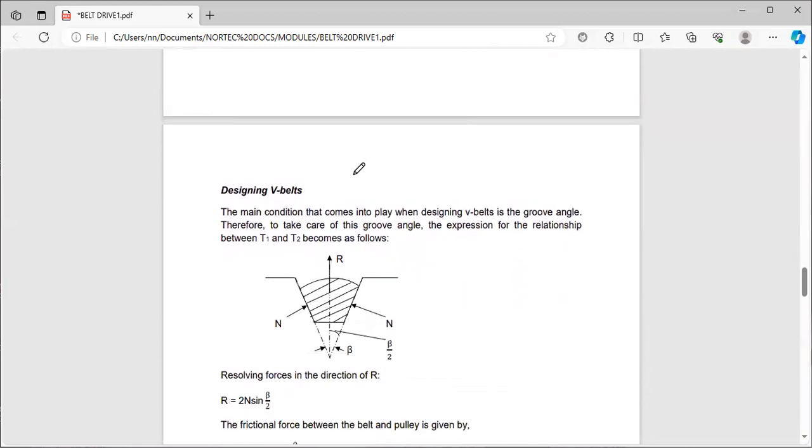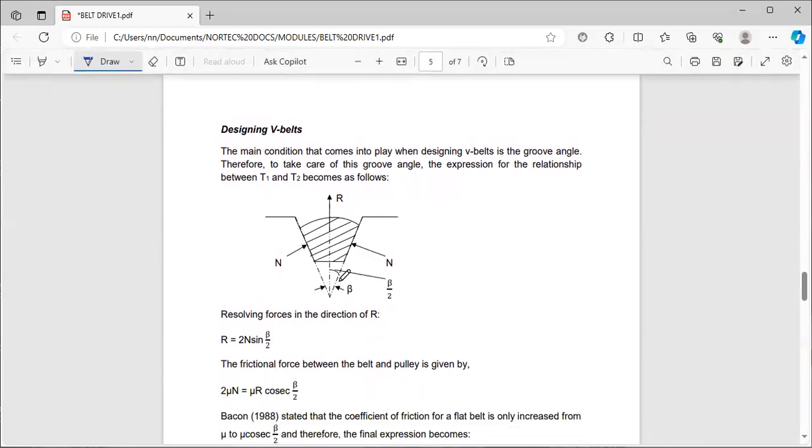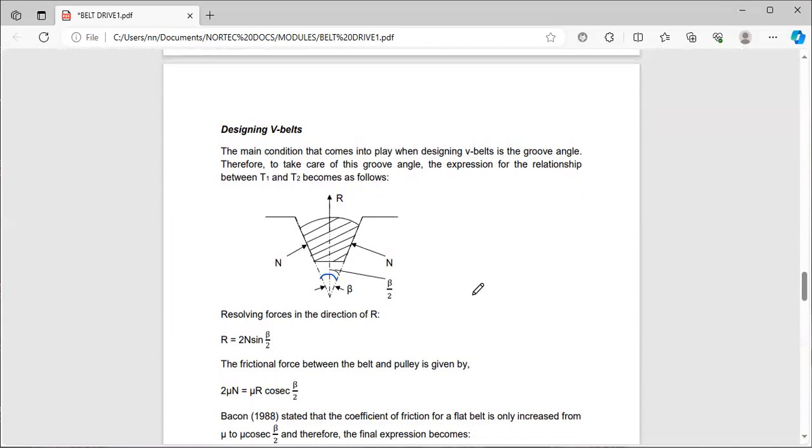When you're dealing with the V belt, you need the groove angle. This is the groove angle, the angle of the groove. That angle, once it has been given, then we modify.